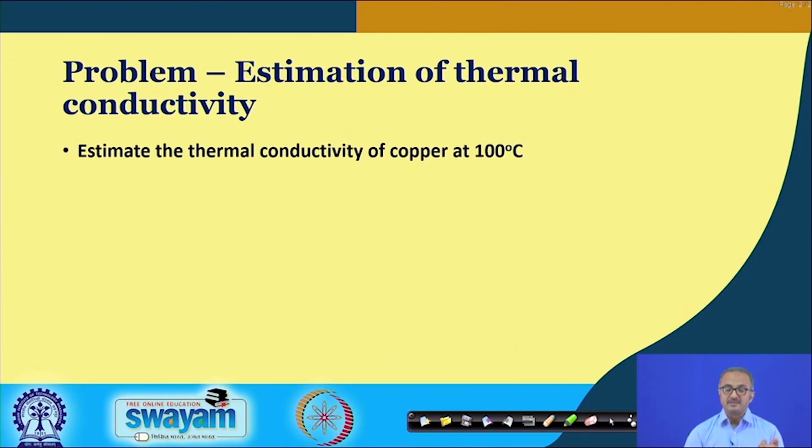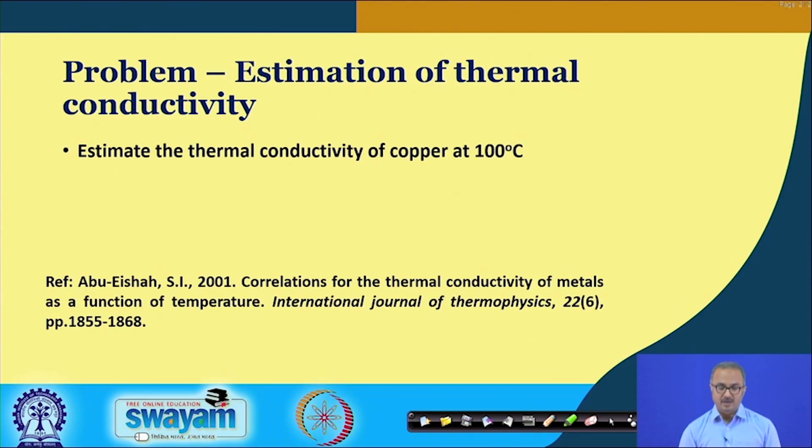These correlations are again based on some kind of experimental data. So, first we shall see how this correlation is giving the value, and here is one reference we have taken to obtain the correlation for thermal conductivity.